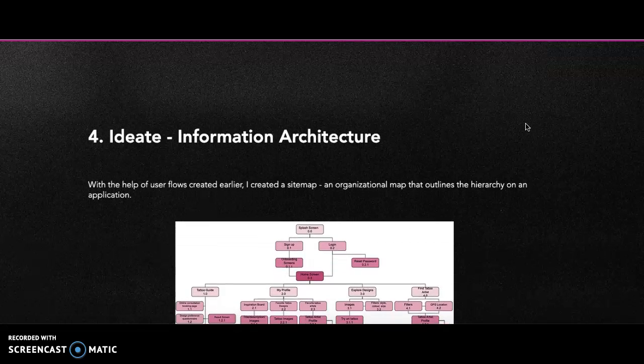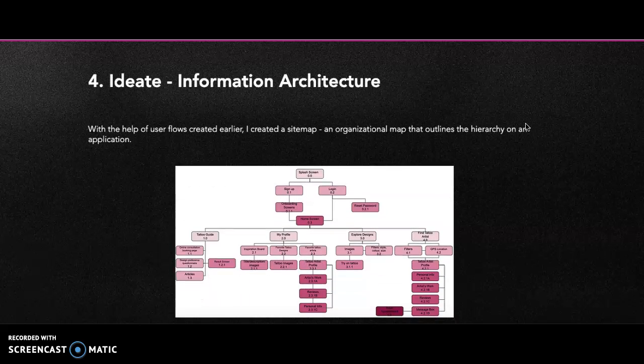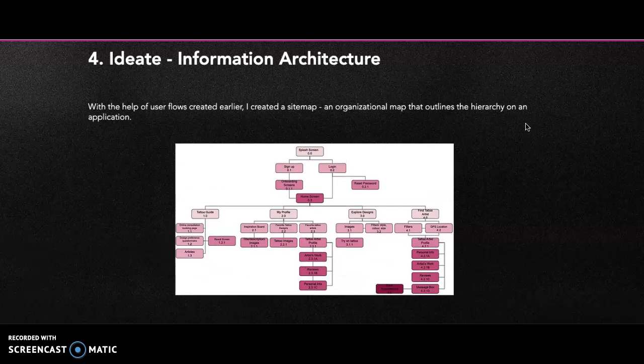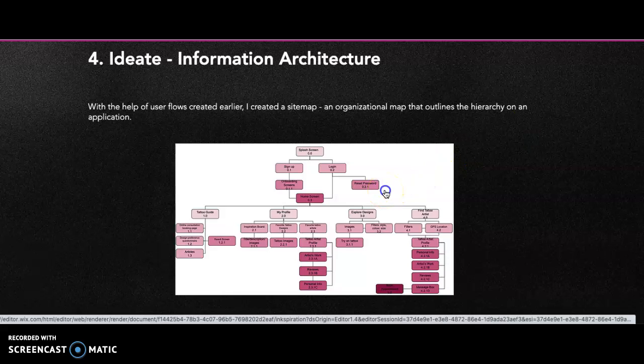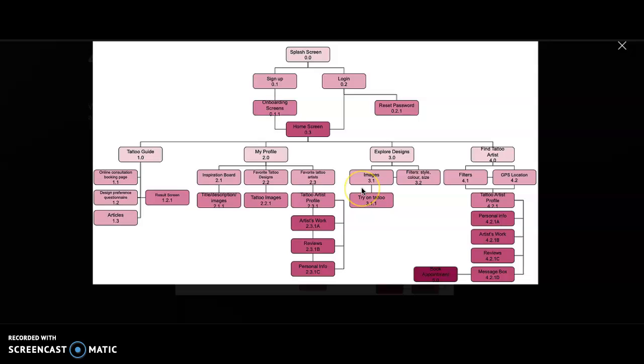After conducting all the user research, I went ahead and created a sitemap, which is an organizational map which outlines the hierarchy for my application. So these are all the screens I was planning to have.